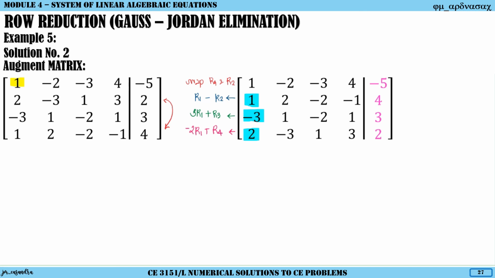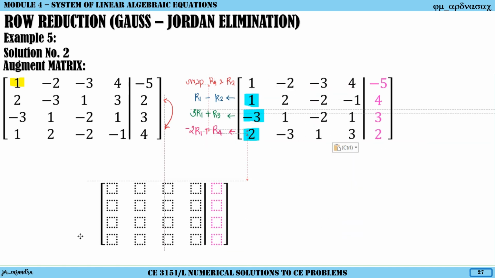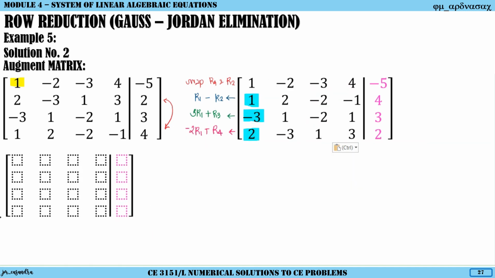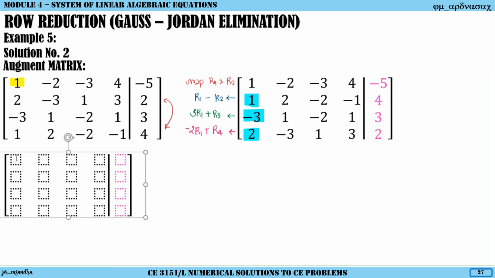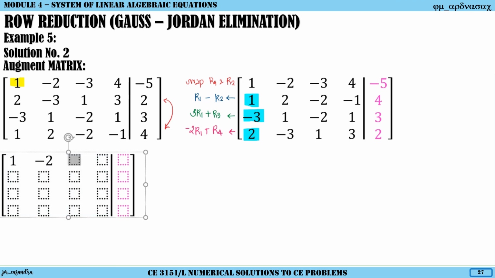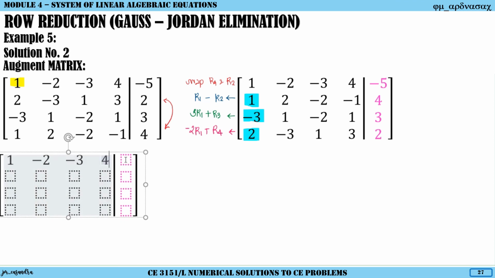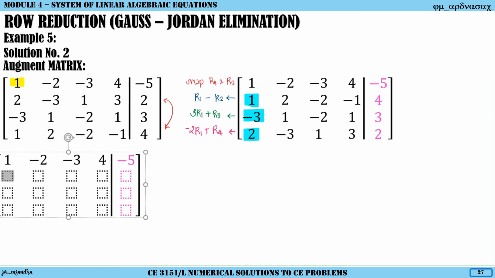So with that, we could reduce this now into a new reduced matrix. So we'll have negative 5, this one's 0, 0, this is negative 4, negative 1, 5, and this one is negative 9.